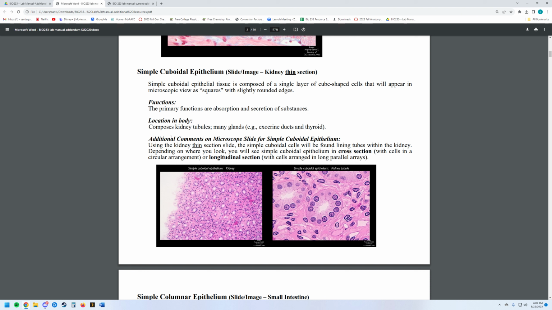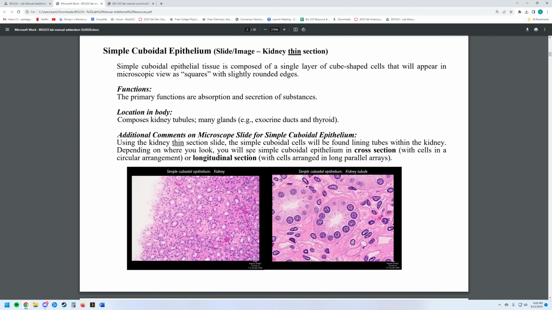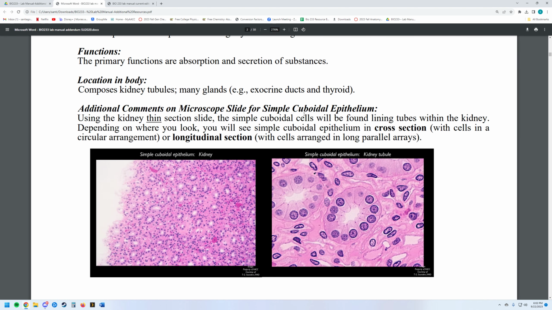Location in the body. It composes the kidney tubules. Many glands have this: exocrine ducts and thyroid. Additional comments on microscope slides for simple cuboidal epithelium. Uses kidney thin section slide. The simple cuboidal cells will be found lining tubes within the kidney.